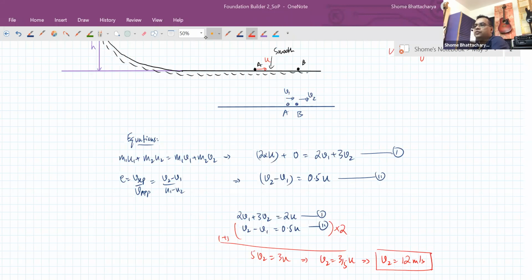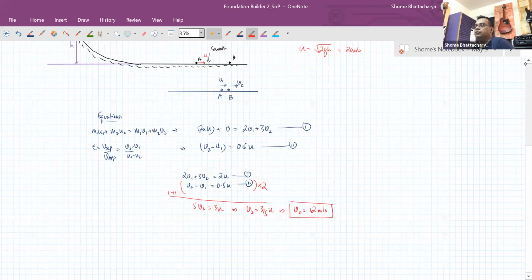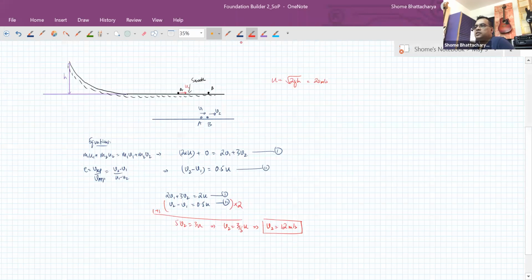Okay. So that is one of the approaches you can take, or the other approach is you can directly use the formula if you remember it. But that's a little tricky. You have to make sure that you remember the formula.